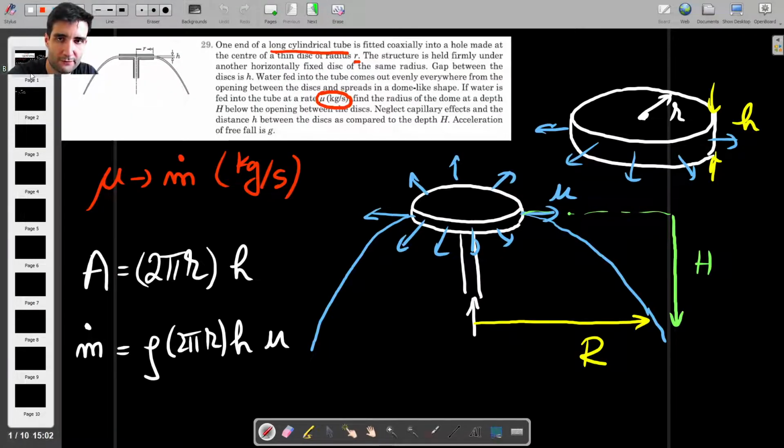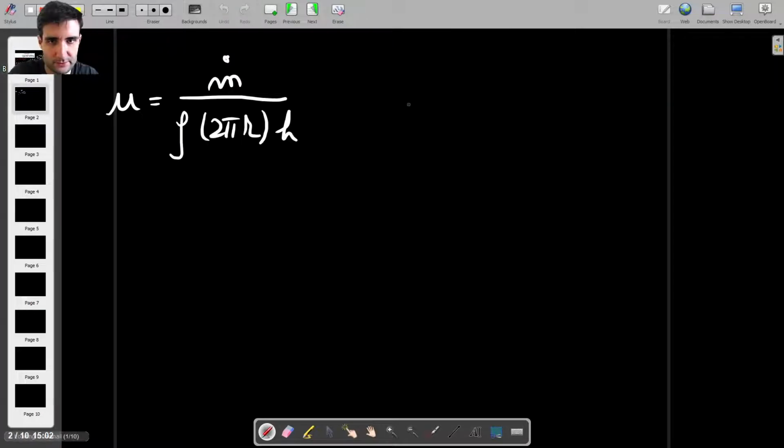And what we have to do now is find what is the radius of the water dome at a certain depth h. Okay, and to do that, we're going to use the SUVAT equations. So I'm going to model my object as sort of a water particle, which comes out of the sprinkler with a velocity u, and this is what we have.